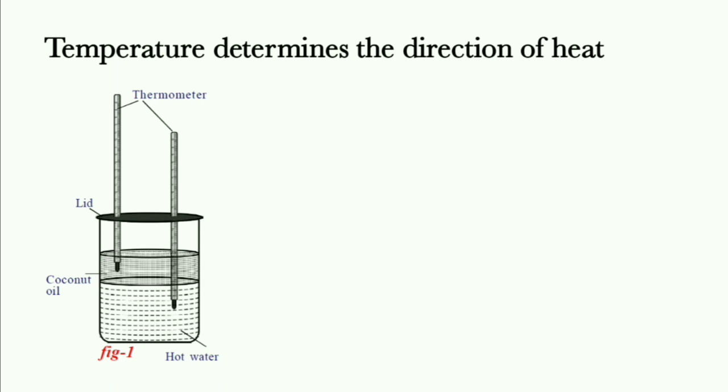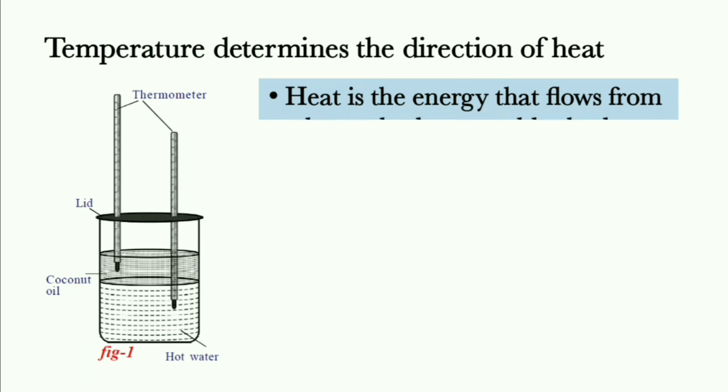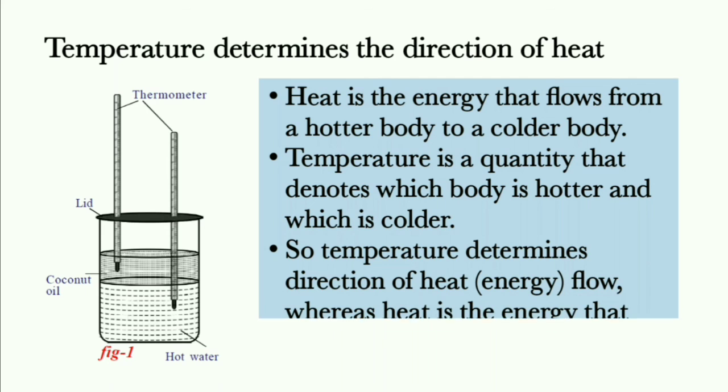Let us see what we can learn from this in a nutshell. Heat is an energy that flows from hotter bodies to cooler bodies. Temperature is the quantity that denotes which body is hotter and which body is cooler. So temperature determines the direction of energy, that is heat flow.